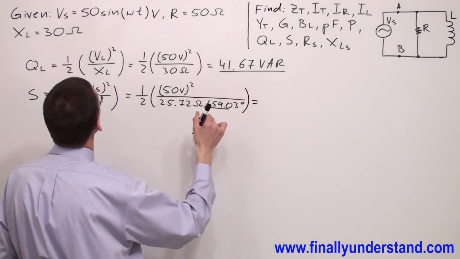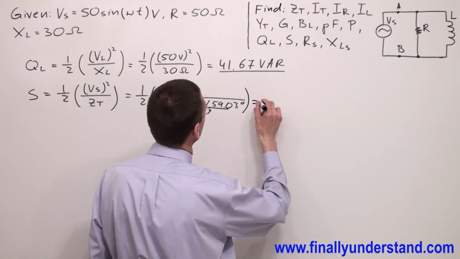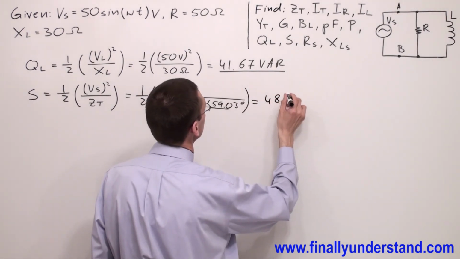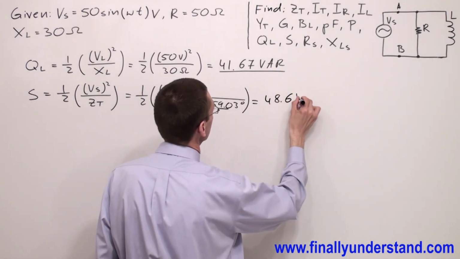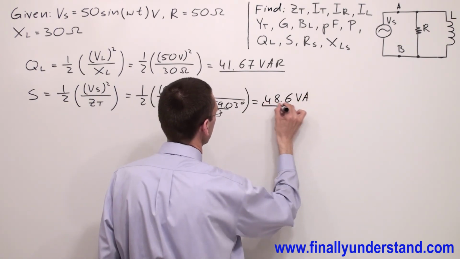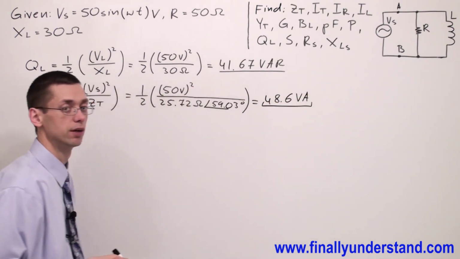This is equal to 48.6 volt amp. This is the apparent power in my circuit.